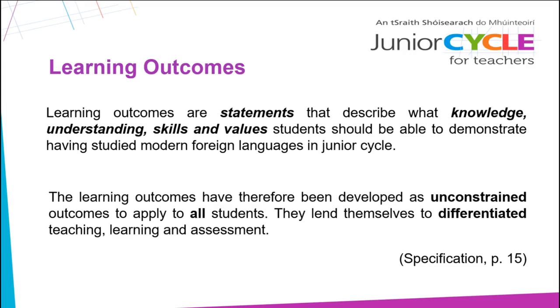Learning outcomes are to be developed over the 3 years of junior cycle and, therefore, a learning outcome focused on at a particular point in first year will be revisited again and again as it continues to support the students' learning of modern foreign languages up to the end of junior cycle.